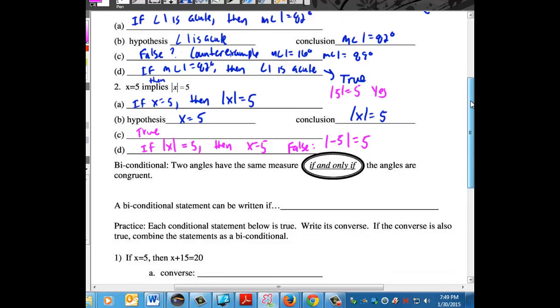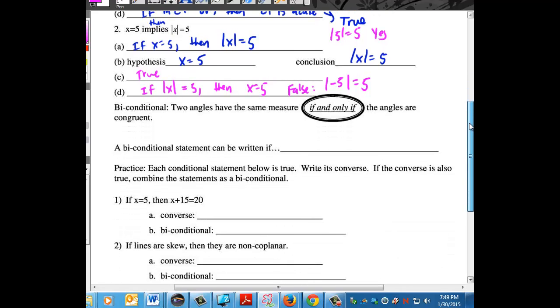Now, when both are true, we can then write what's called a biconditional statement. Only if the conditional and converse statements are true.